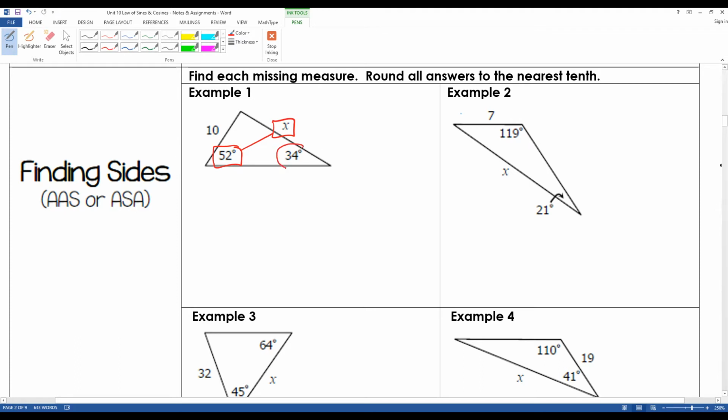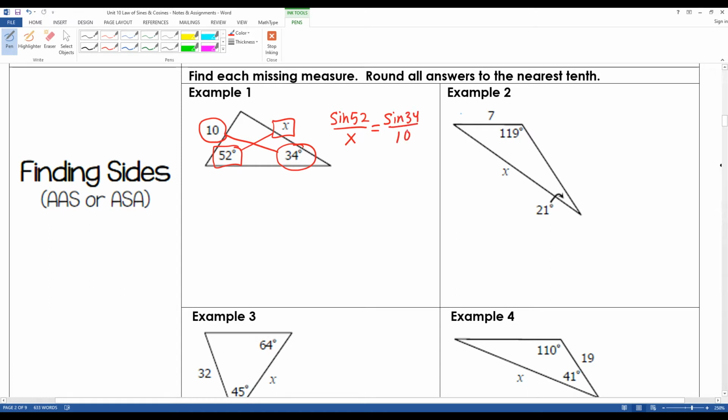And the other one, 34, needs to match up with its opposite side. If they don't, then we have to find the other angle, which is very easy, and we'll talk about that in a minute. So how I set it up is this: the sine of 52 matches up with side x, equals the sine of angle 34, and that matches up with side 10.